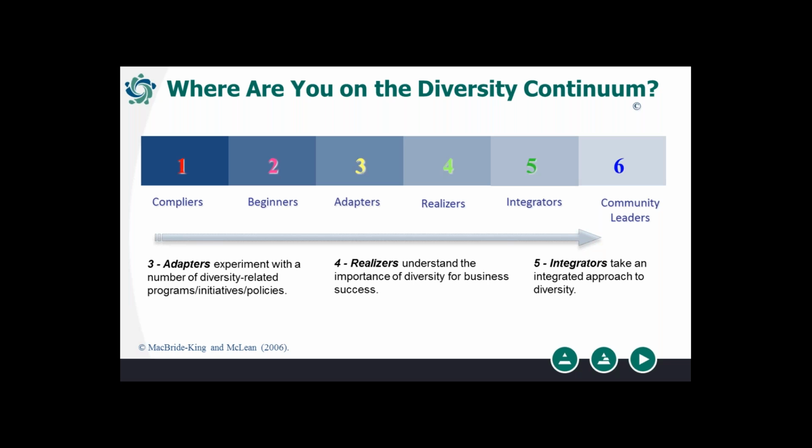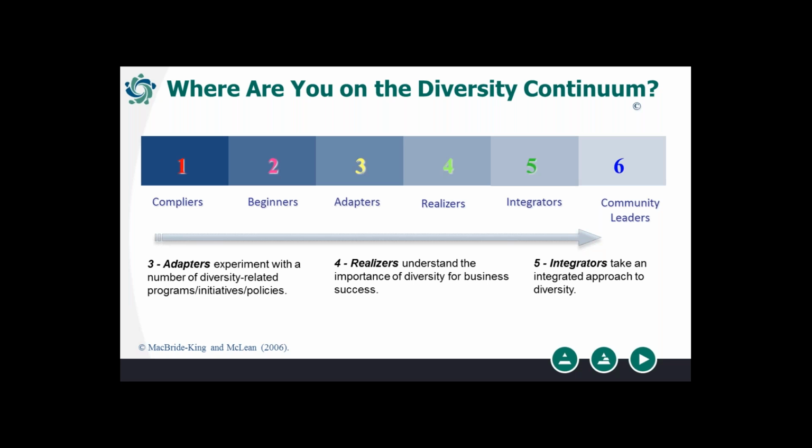Integrators, and this is the approach I'm proposing for you today, have integrated diversity and inclusion into the day-to-day and into their business strategies. They have internal accountability frameworks in place to measure success, and supplier and customer diversity initiatives have been established and aligned.